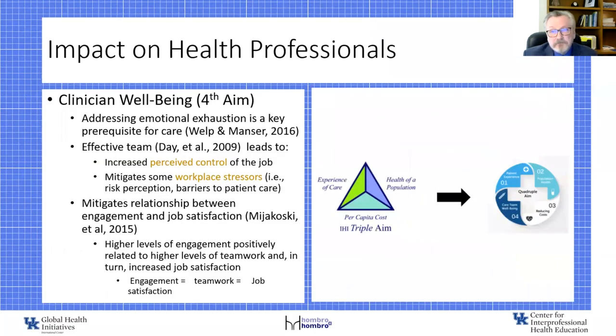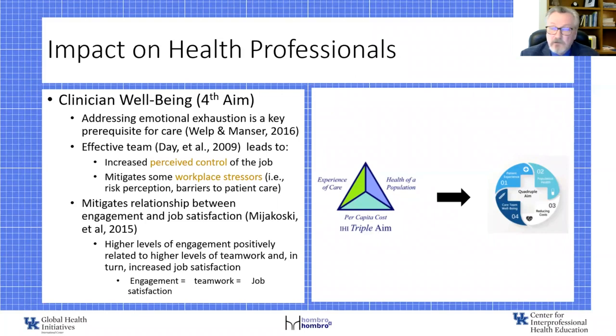Next slide, please. This has been followed more recently in later years by the quadruple aim. We recognize that there's a need to make sure that our health workforce is healthy, especially when it comes to things like emotional exhaustion. And there's some evidence coming out that indicates that effective teams actually seem to have a higher perceived locus of control over their own life.